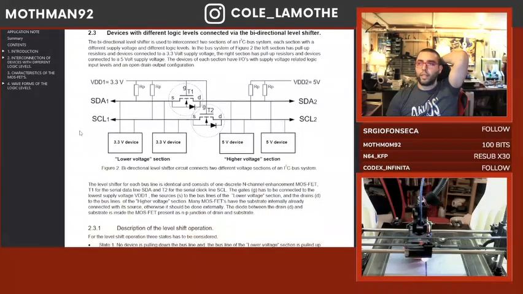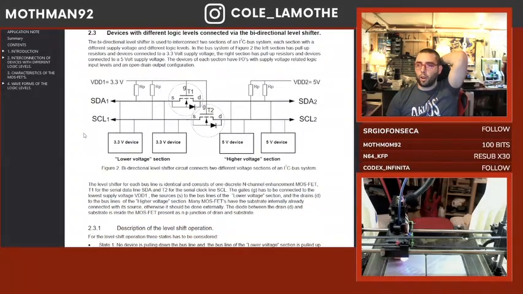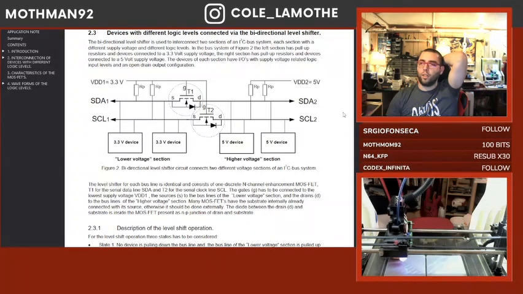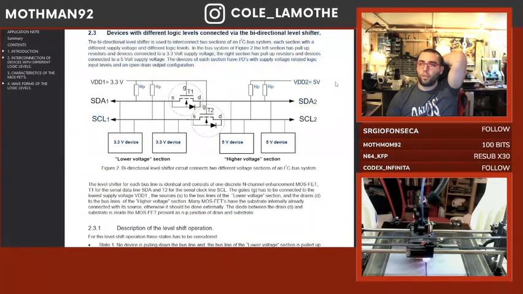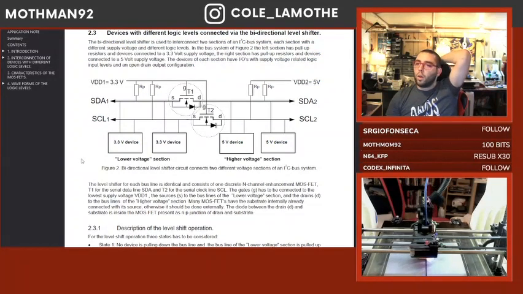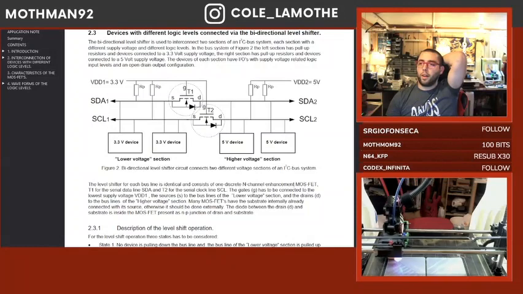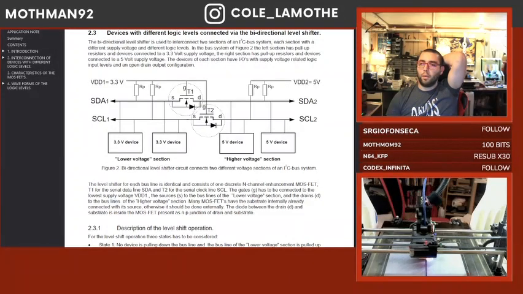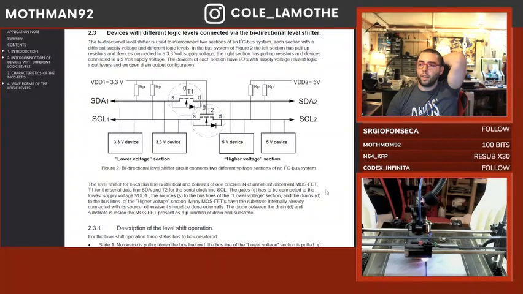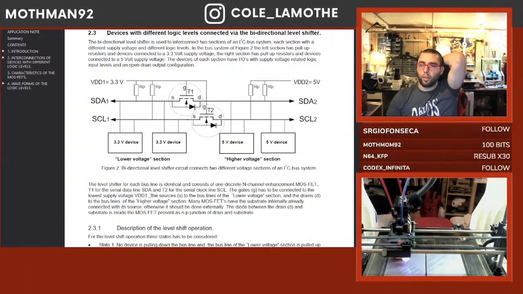Alright, so this is our device that we're currently looking at as far as an RX-TX signal 3.3 volt, 5 volt situation. One discrete N-channel enhancement MOSFET, T1 for the serial data, T2 for the clock line. Gates have to be connected to the lowest supply voltage.